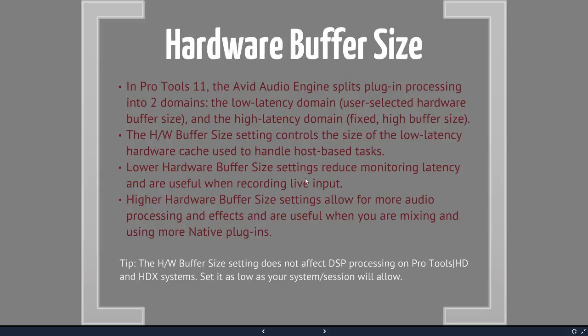So lowering the buffer size reduces monitoring latency, and it's useful when recording live input, so that's going to cause less of a delay of the signal. And then you want a higher hardware buffer size when you mix. You're doing lots of processing, because processing is going to take more computer power.